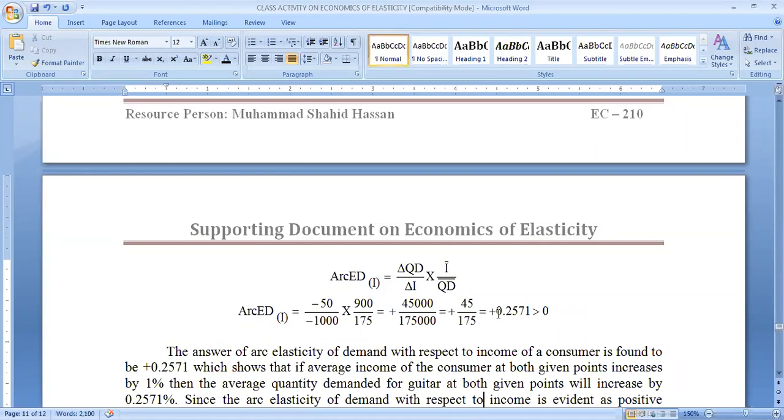So let's interpret the coefficient and its meaning: when income elasticity of demand is greater than zero, what does it reflect? What type of product does it talk about?